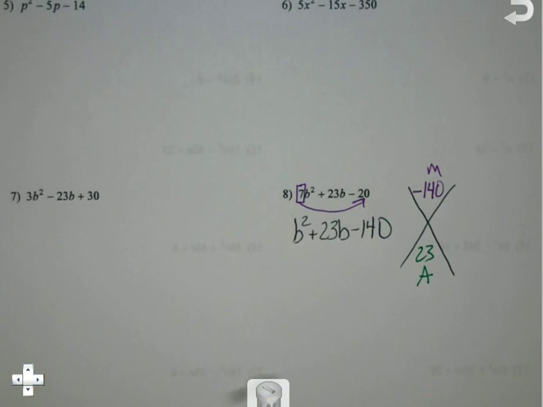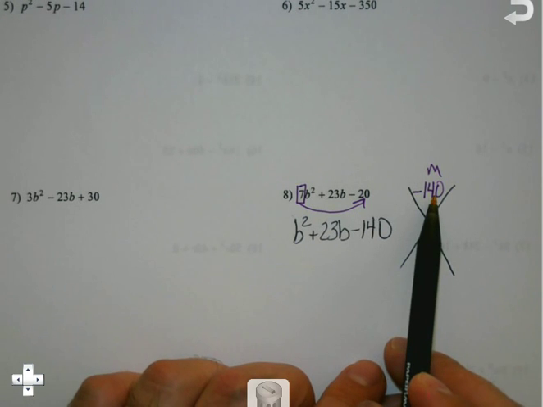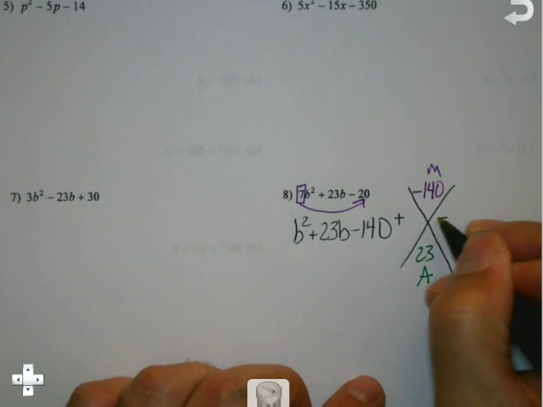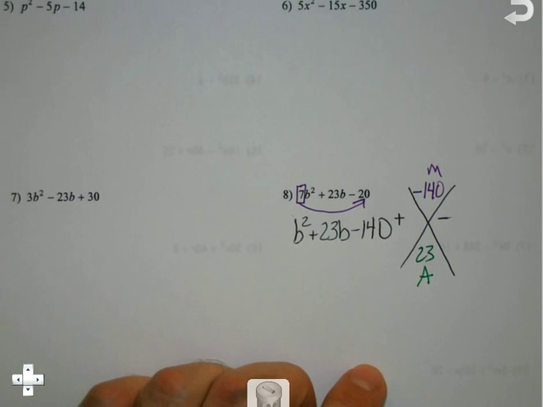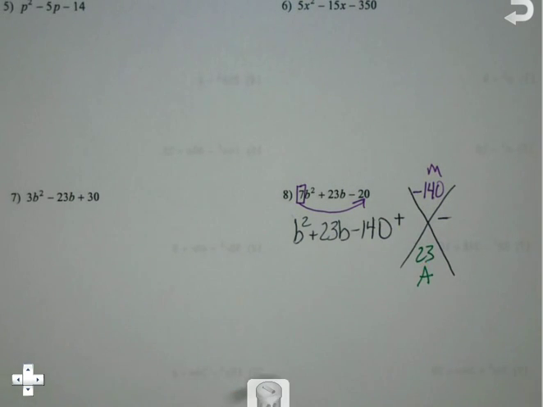Now before I go into figure out the numbers mode, let's think about signs for a minute. Multiply to -140. What are my signs going to be? Yeah, we're going to have one of each. And I also know, since it adds to +23, that the positive is going to be the bigger number.